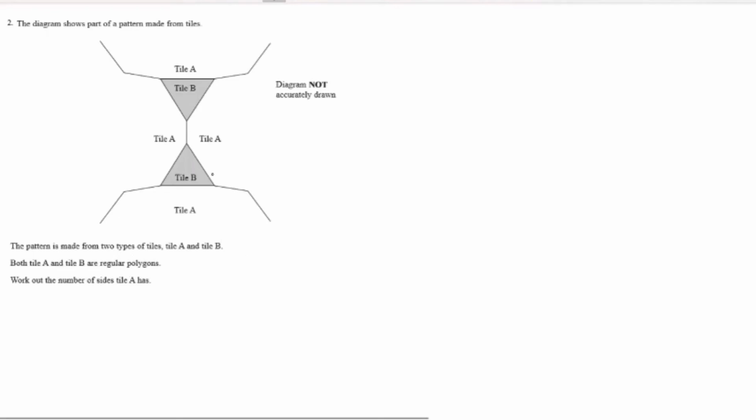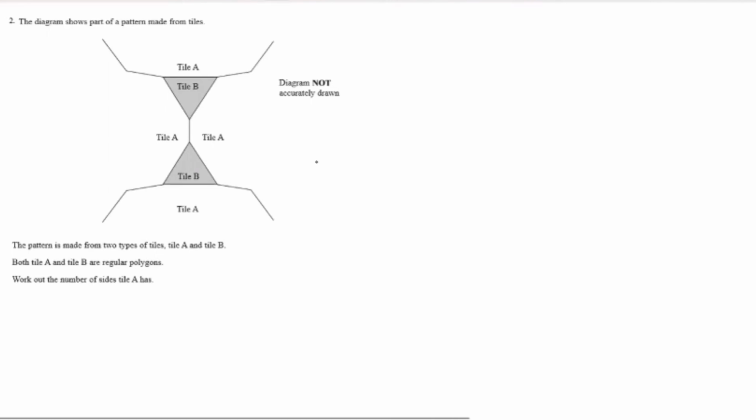Well, we can't see the entirety of tile A, hence why we can't say how many sides it has. But we can say how many B has. B is a triangle, as we can see, so it has 3 sides. Work out the interior angle of that, therefore. You have 360 divided by 3 is 120, and 180 minus 120 is 60. So for B, the interior is 60 degrees.